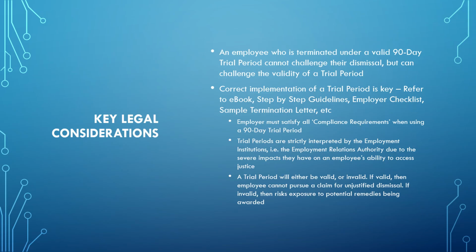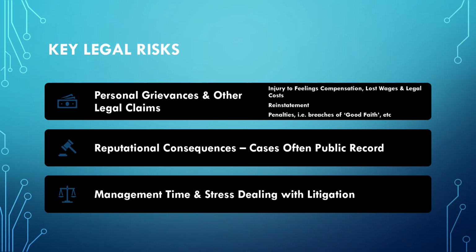That is the key. By way of key legal risks, employers face exposure to personal grievance claims and other legal claims, and I touched on the remedies earlier in the previous slide, but things like lost wages, injury to feelings compensation, legal costs. You've also got potential risk of permanent reinstatement. That's where the employee goes back into their job, and other things like penalties, say for example, breach of good faith.